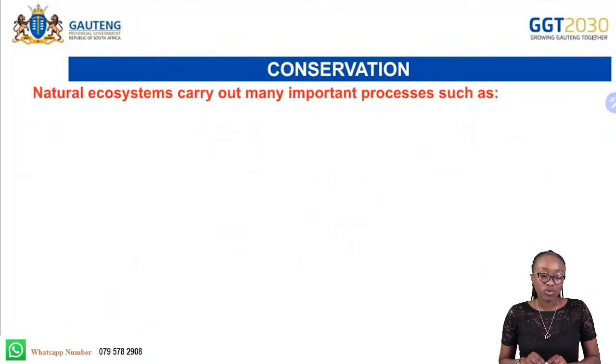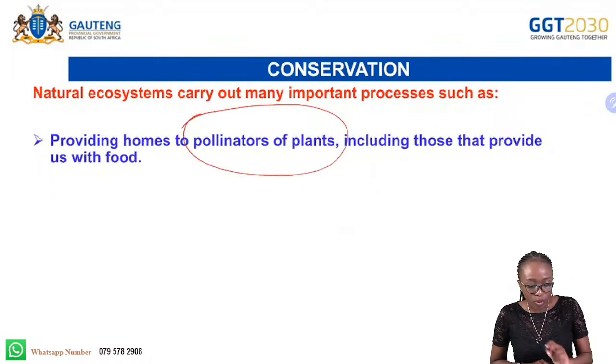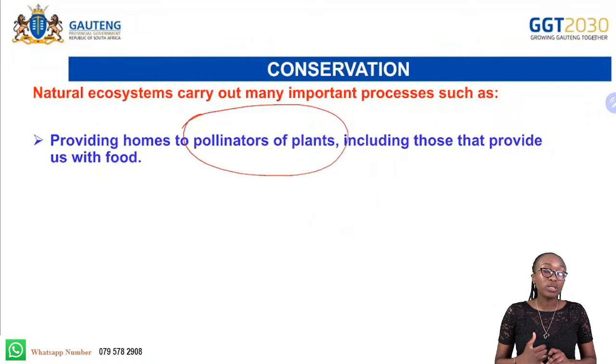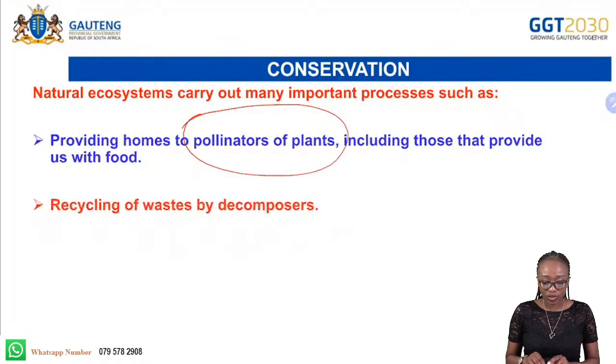Now, natural ecosystems also do more. They provide a home to the pollinators of plants, such as bees that help in the pollination of plants, including those that provide us with food. Bees also provide us with honey.